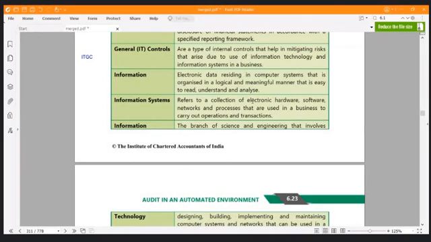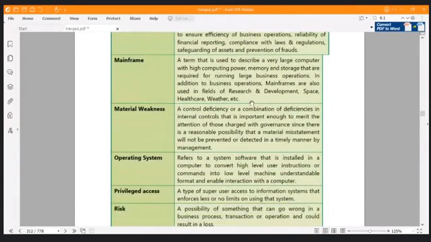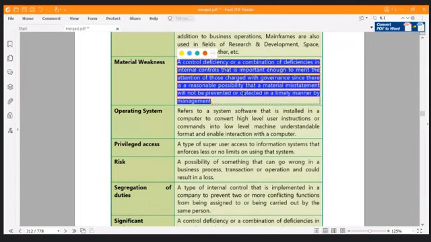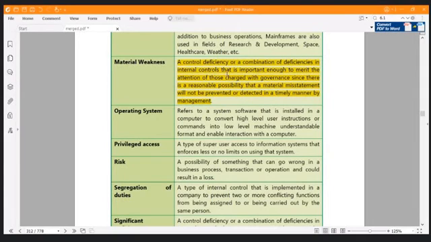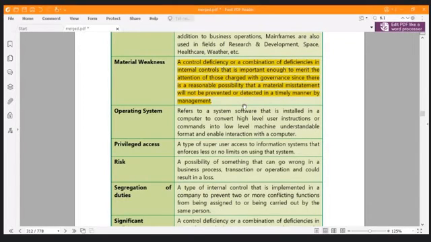Then there is information systems, IT, internal controls, mainframe, material weakness. Material weakness also we can highlight. A control deficiency or a combination of deficiencies in internal controls that is important enough to merit the attention of those charged with governance, since there is a reasonable possibility that a material misstatement will not be prevented or detected in a timely manner by the management.